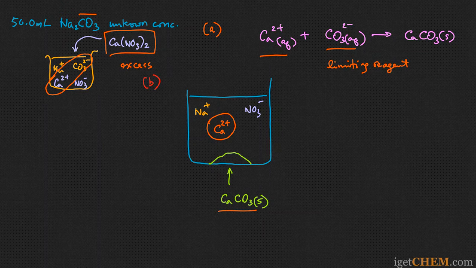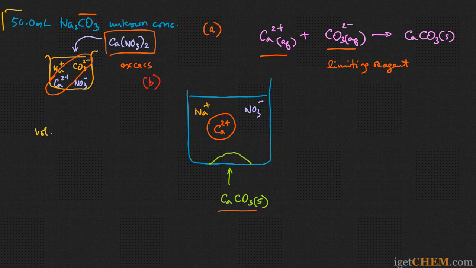So then part C asks you to calculate the number of moles of the sodium carbonate in the original solution. To just recap what we actually have, we know we have 50.0 milliliters of sodium carbonate of an unknown concentration. We know that we've added excess Ca(NO3)2. Let me list some of the data that is given.